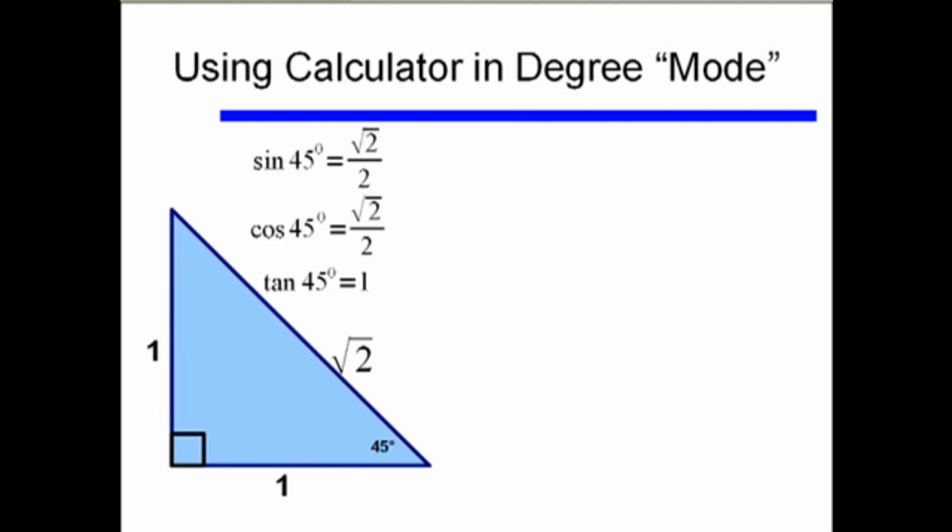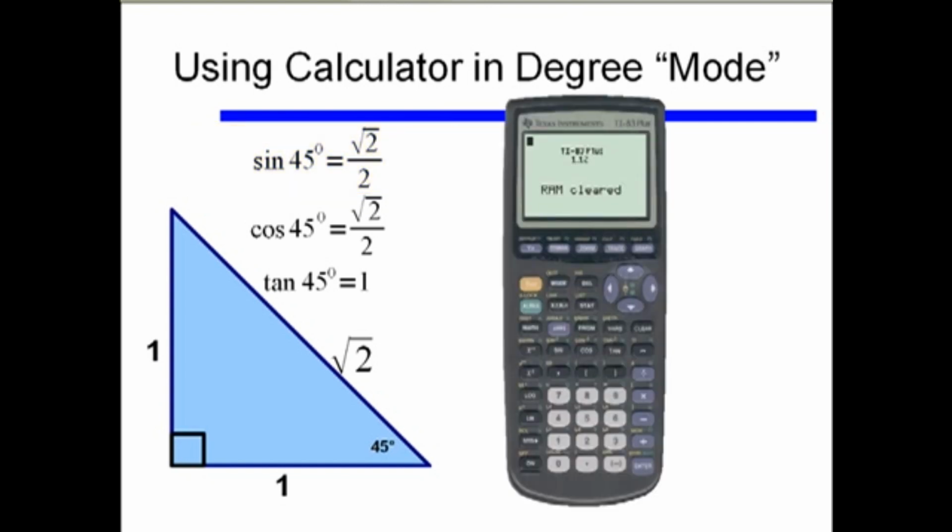Alright, let's go back to our 45, 45, 90 triangle. Again, we know that sine of 45 degrees is equal to square root of 2 over 2. Let's see if we can get our calculator to give us the same answer. Alright, here's our TI-83 Plus. Again, before I do anything, I'm going to click on the mode button.